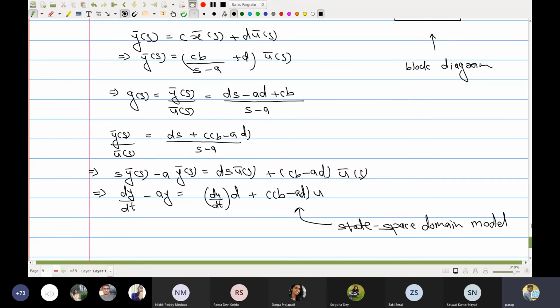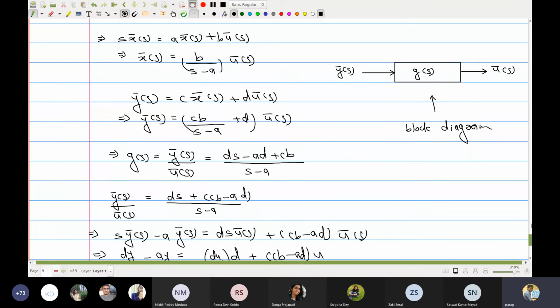Okay, so we have converted all the outputs in terms of inputs, inputs in terms of their derivatives and so on. So in general, we have removed the dynamical variable and we have just got an input output model. So the Laplace transform model was an input output model. This is the input.